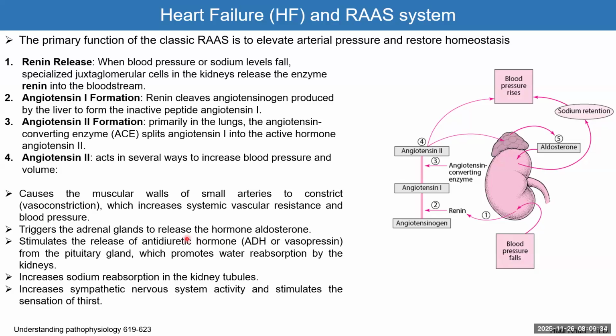And the third thing that I didn't mention is the release of the antidiuretic hormone ADH. It stimulates the release of the antidiuretic hormone, ADH or vasopressin. So this promotes water reabsorption by the kidney. So at a certain point, this also affects the water reabsorption by another intermediate.